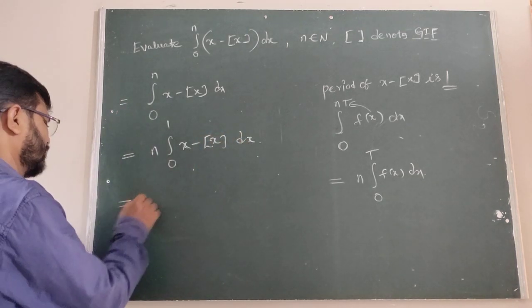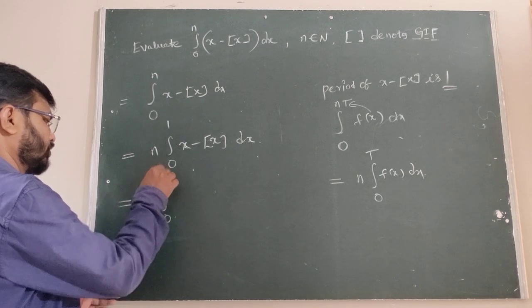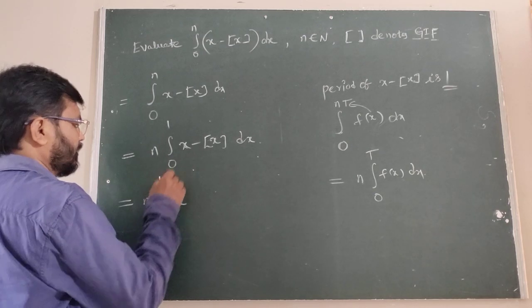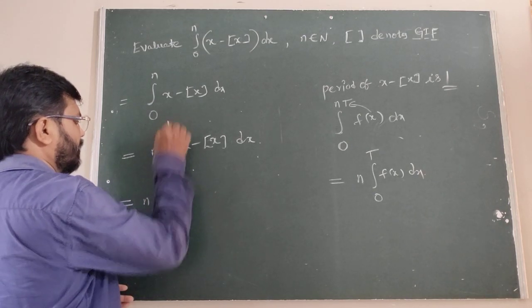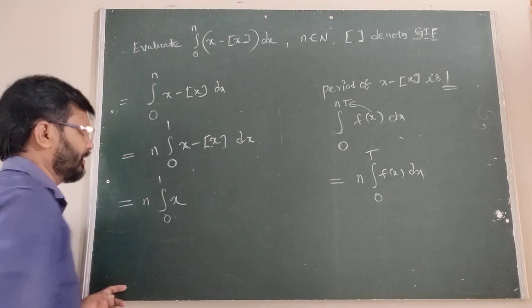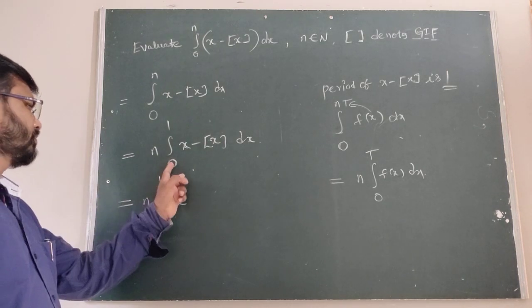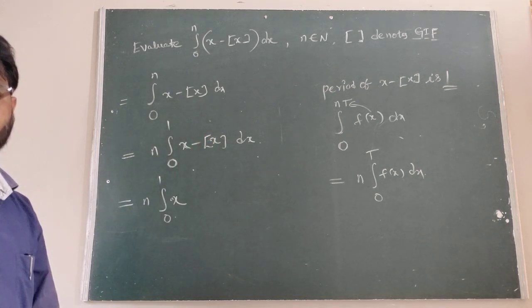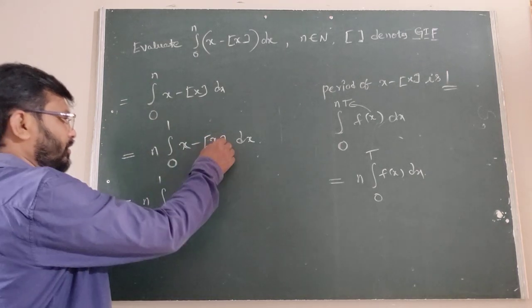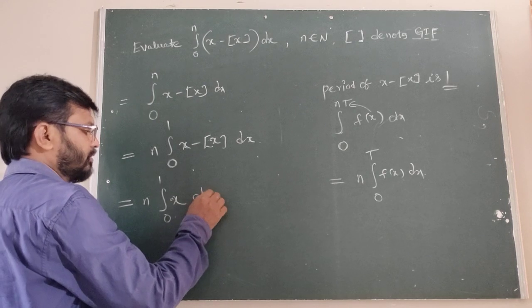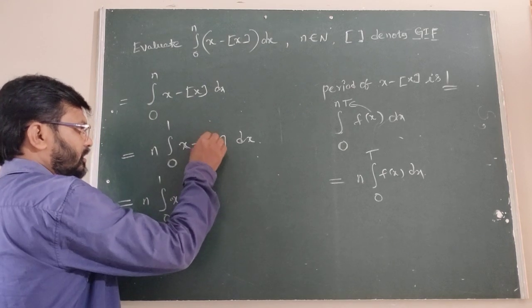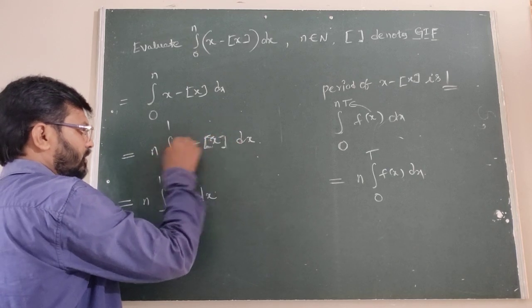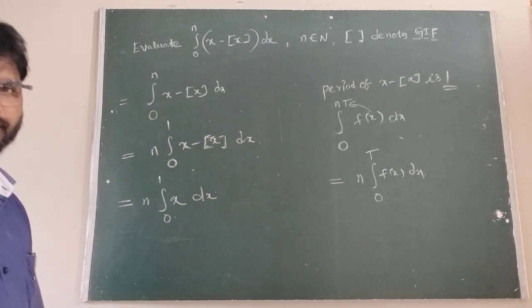Now between 0 and 1, for any value, suppose step of 0.5, it is 0. So step x in between 0 and 1 has the value 0.